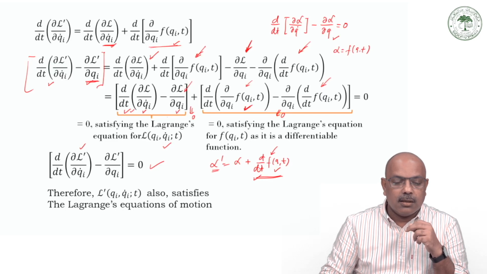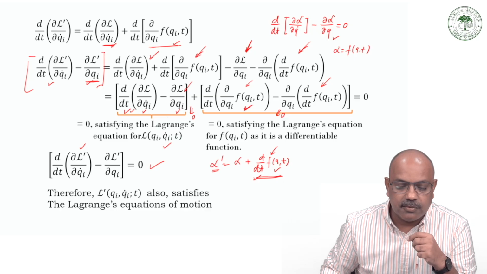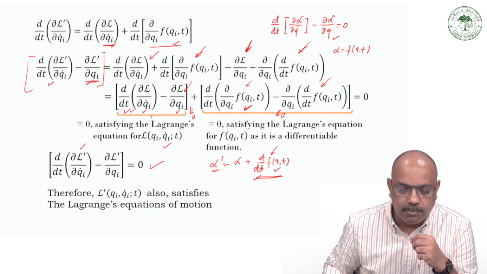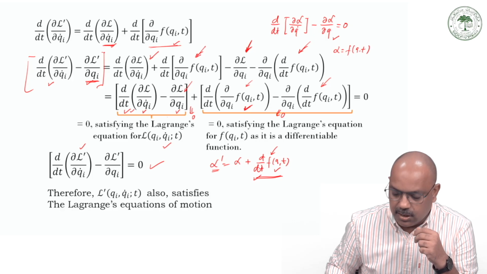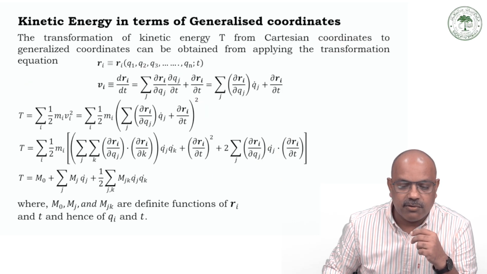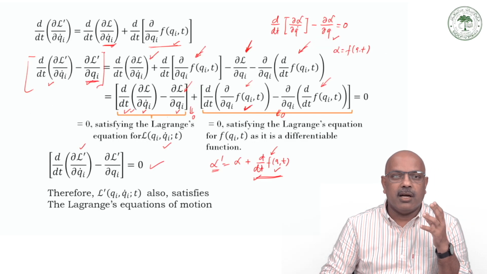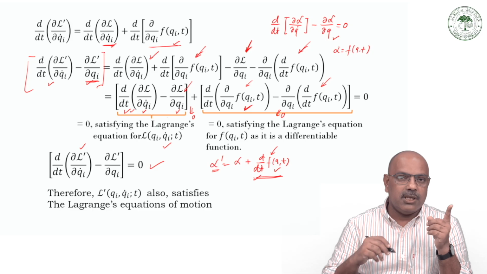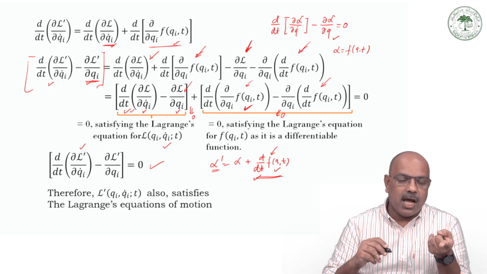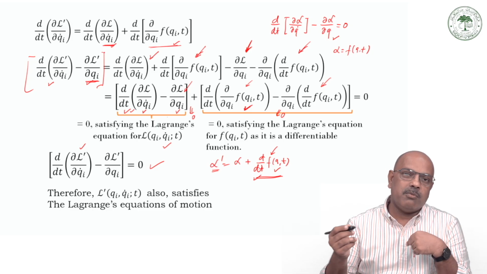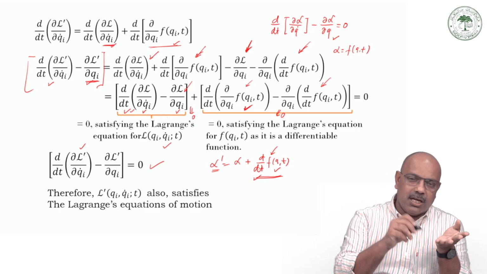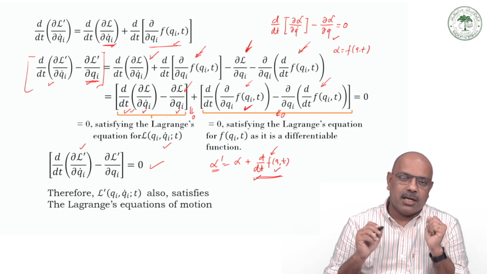So I think time is enough, and I'm not going to start the new topic. In the next class we will start from the kinetic energy in terms of the generalized coordinates, because we have figured out, starting from the D'Alembert principle, how to write the Lagrangian by transforming from dependent coordinates to independent generalized coordinates.